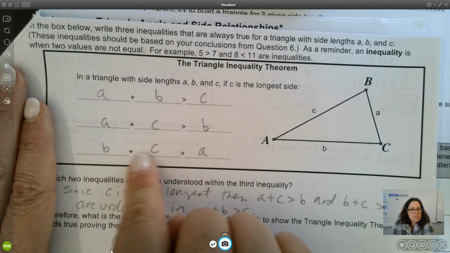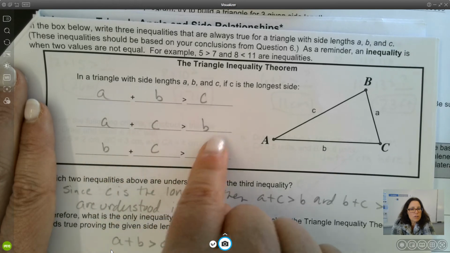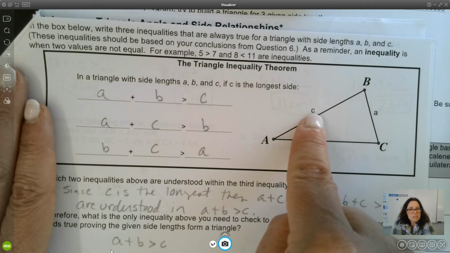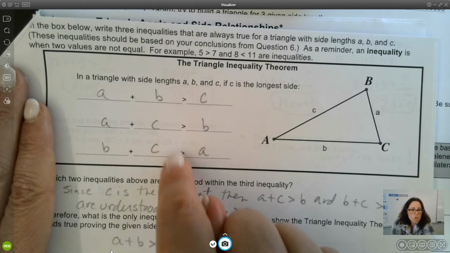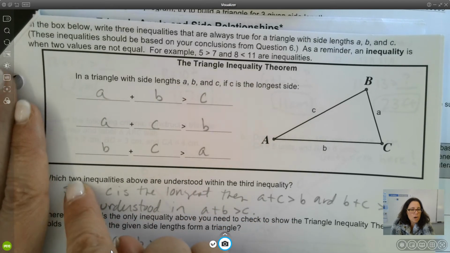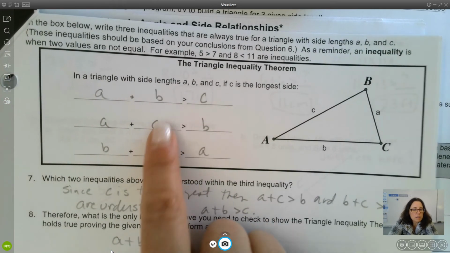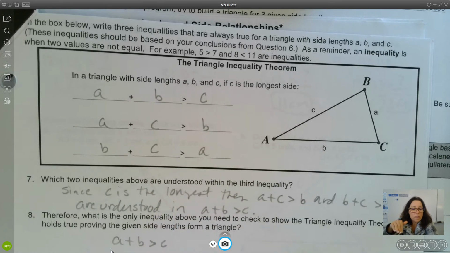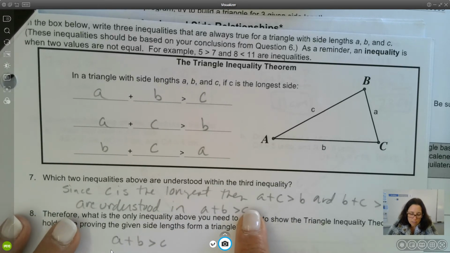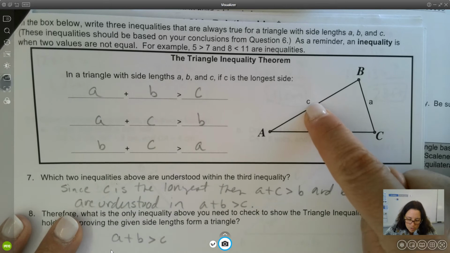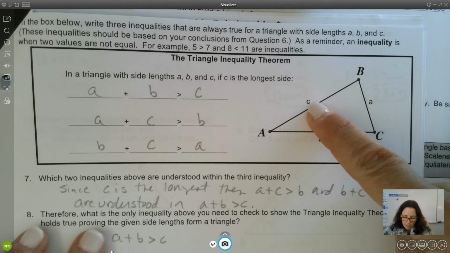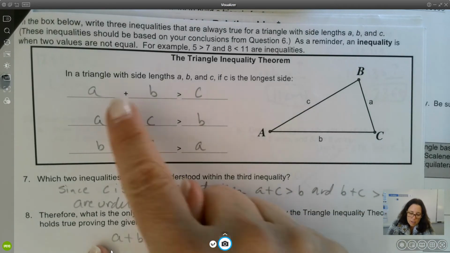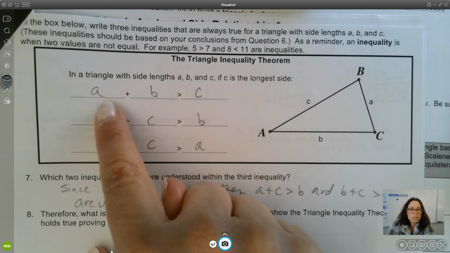That is the triangle inequality theorem. They're saying that C is the longest side. Now it's really important to understand you don't need to check all three. There are two inequalities up here that are understood within the third one. If C is the longest, this is the only one you really need to check.